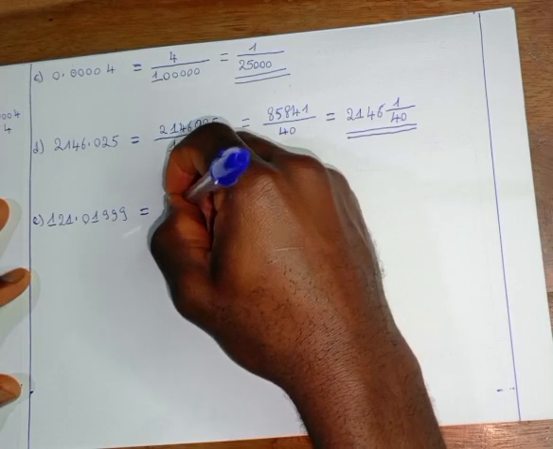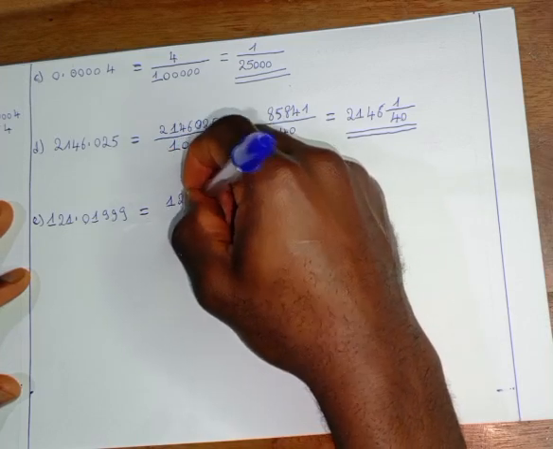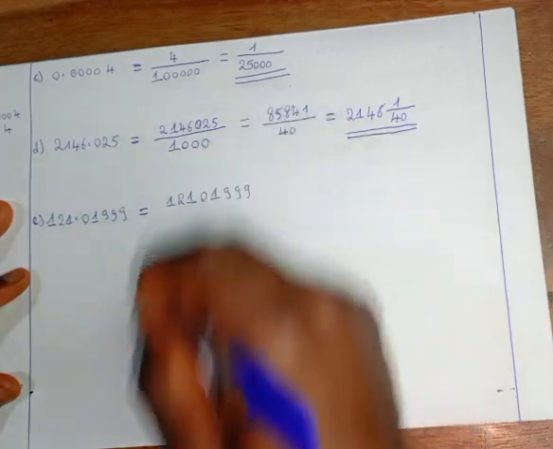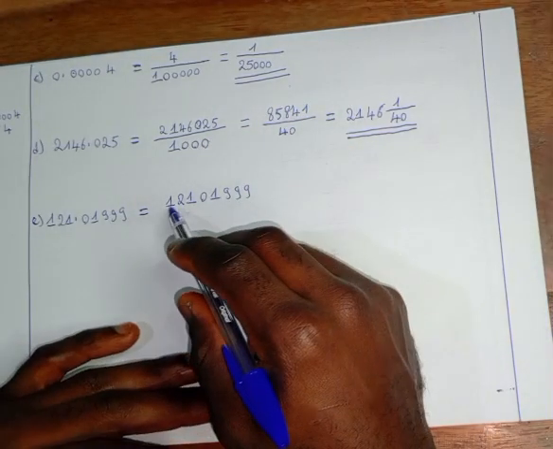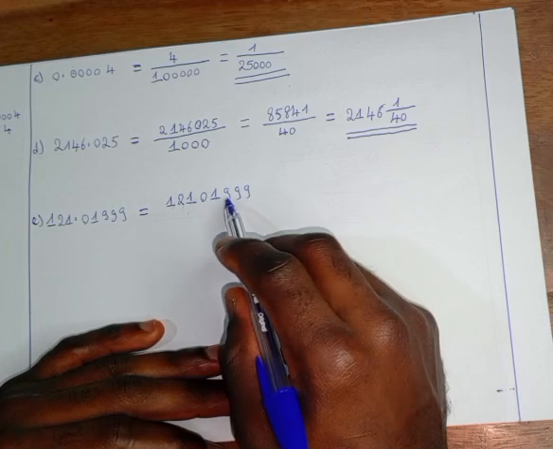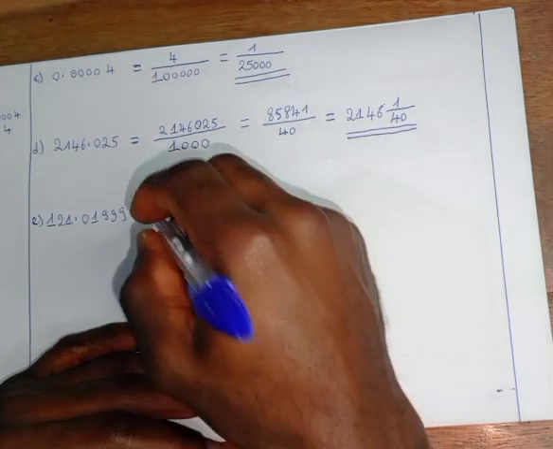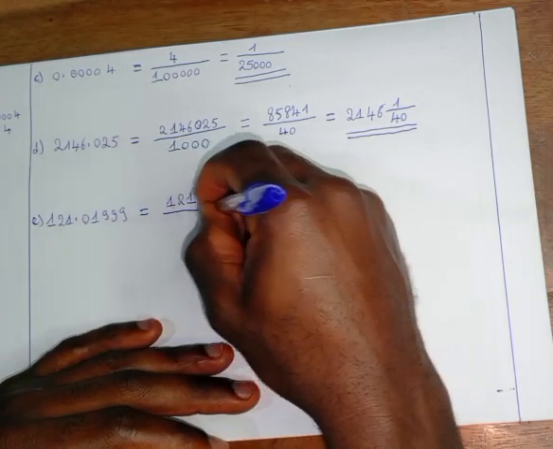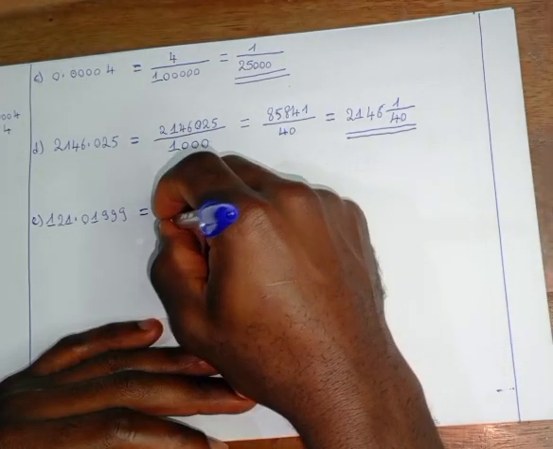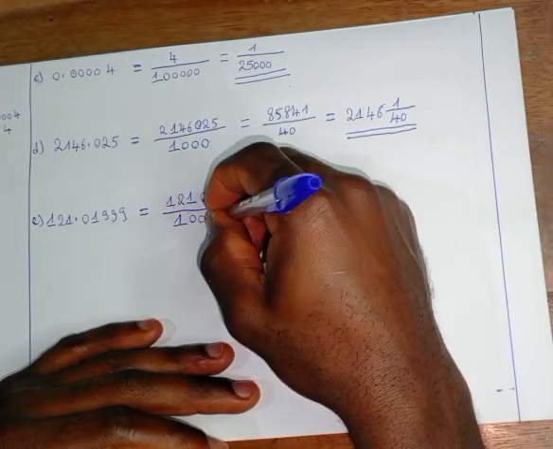Next, we are going to ignore the decimal point. This will give us 12,101,999. We are going to divide by a power of 10, which has 5 zeros. That is by 100,000.